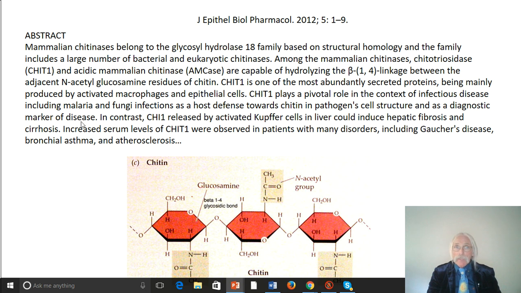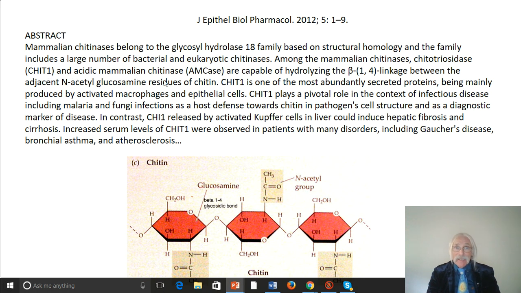Here's from the abstract. Let's take a look at this. Mammalian chitinases belong to a glycosyl hydrolase family based on structural homology. So it's a large family. You find this in bacterial and in the eukaryotic mammalian chitinases. Among the mammalian ones, you have this CHIT1, as we've been talking about, which is greatly elevated in Gaucher's.